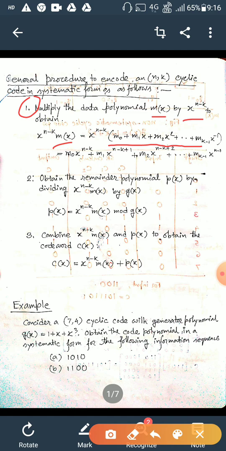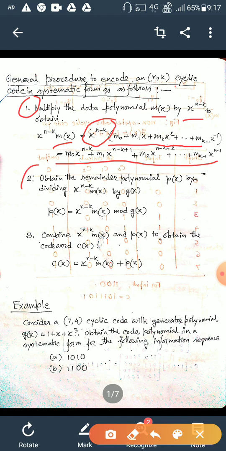This m(x), or the message polynomial, you have to multiply in the first step with x to the power of n minus k, and if you multiply these two, the result will be m0 x to the power of n minus k plus m1 x to the power of n minus k plus 1, and so on. This is step number 1.